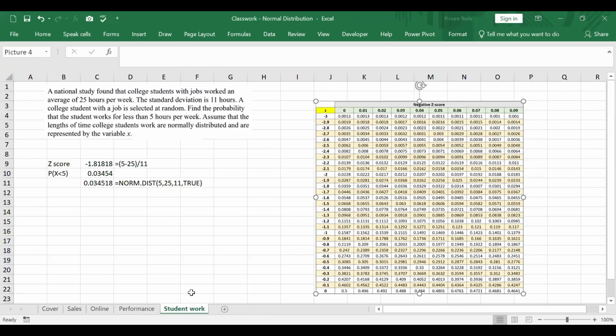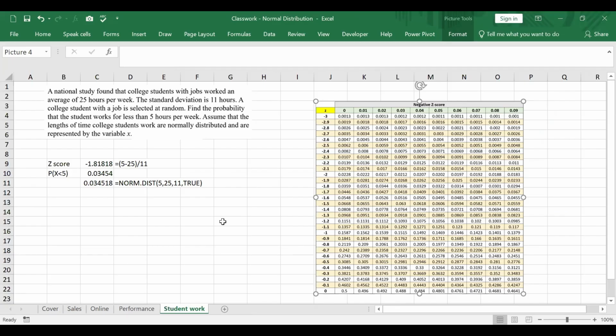Last problem. A national study found that college students with jobs work an average of 25 hours per week. Standard deviation is 11 hours. A college student with a job is selected at random. Find the probability that a student works for less than 5 hours per week.